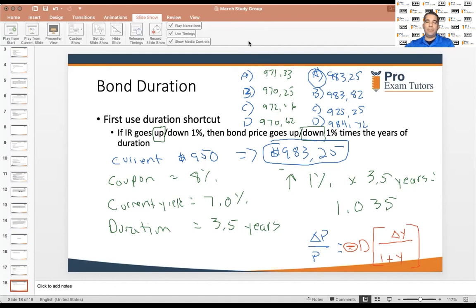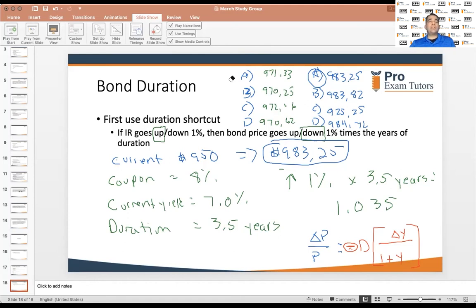All right, another question. This is probably just simple math that I'm not following, but the 1% times the 3.5 years, why is that one? Oh, I think I was multiplying 1 times 3.5, not 0.01 times 3.5.